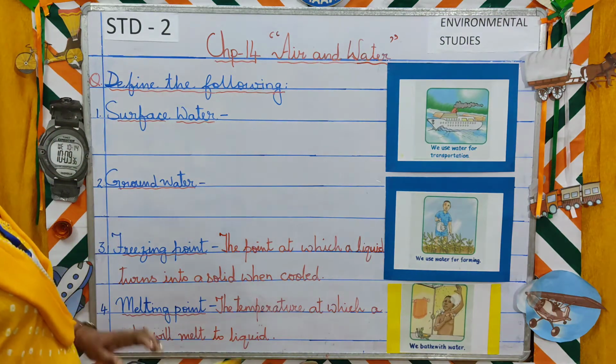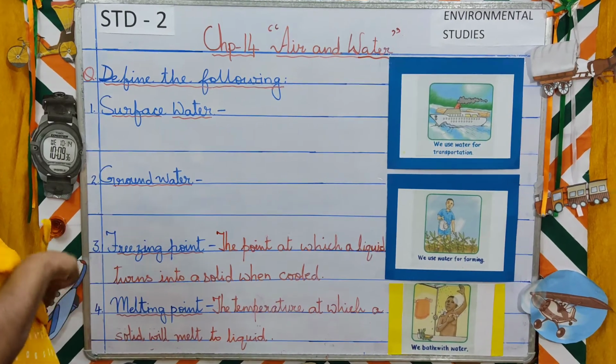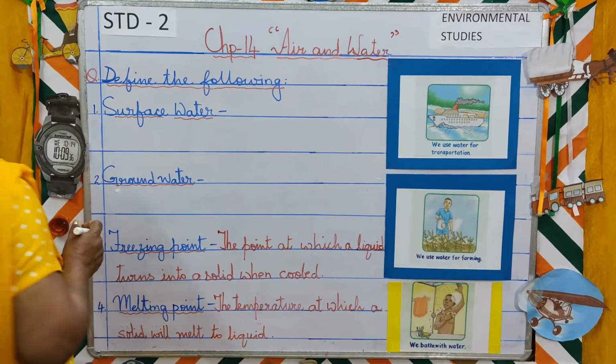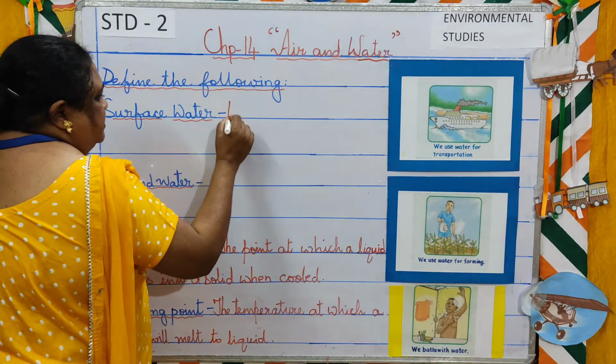Now, define the following. Number 1, surface water. What is surface water?